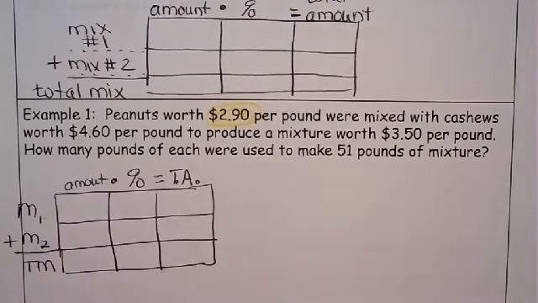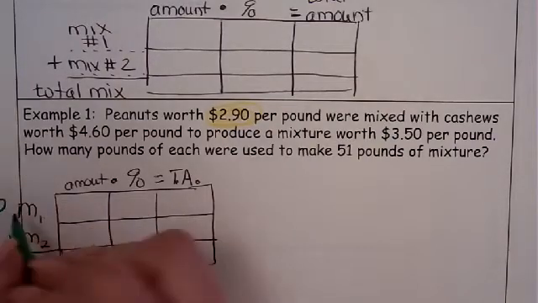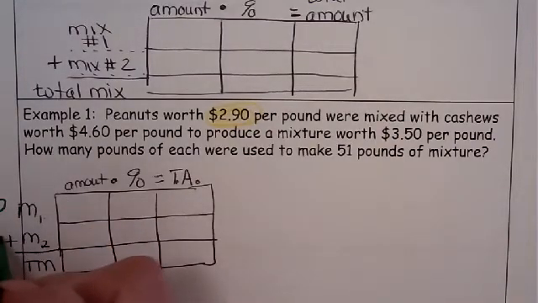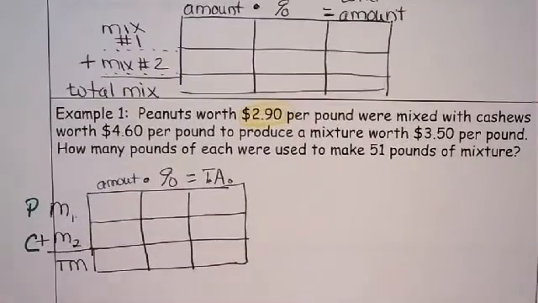Now I'm going to let mix 1 be my peanuts. I'm going to let mix 2 be my cashews. So the first thing I'm mixing together is the peanuts. The second thing I'm mixing together is going to be the cashews.